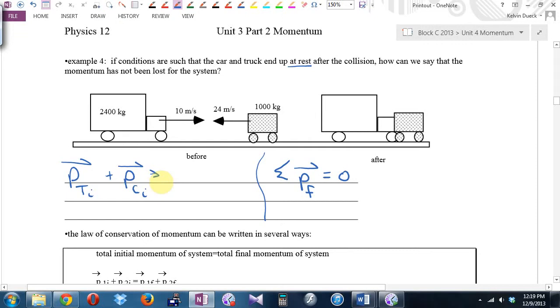Momentum is what times what? So this is going to be mass of the truck, v truck initial, plus mass of the car, v car initial, except I'm going to put vector signs over my v's to remind myself there is direction.